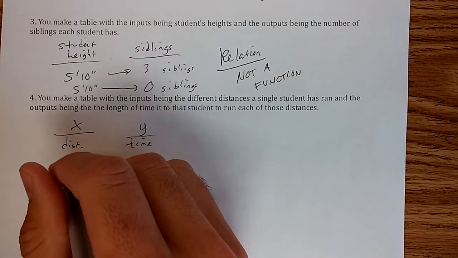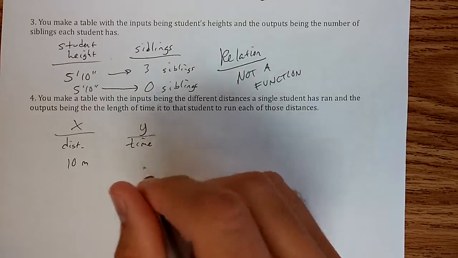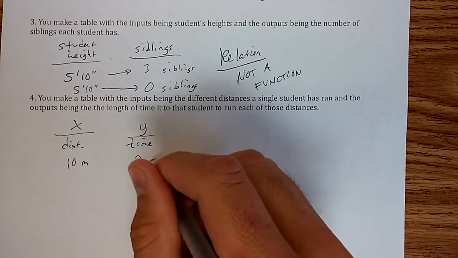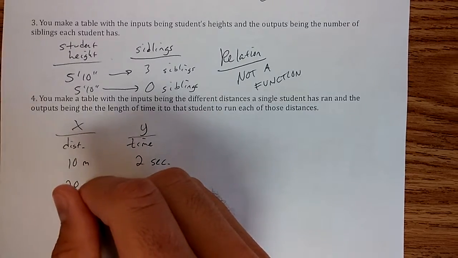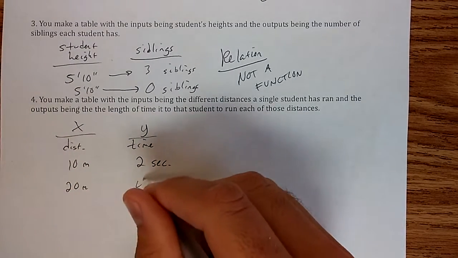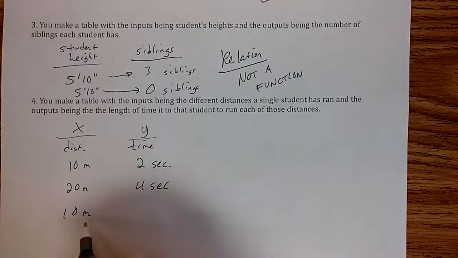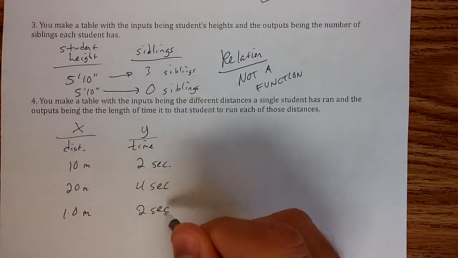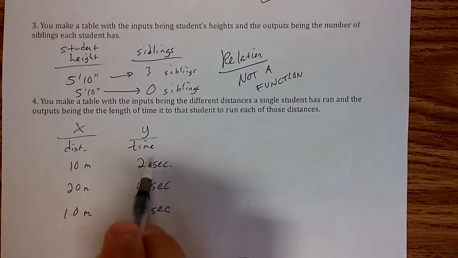So if this student ran 10 meters and their time was 2 seconds, and if they ran 20 meters, maybe their time is 4 seconds. In 10 meters, we know it's going to be 2 seconds again. This is the same x, but it maps to the same unique y.